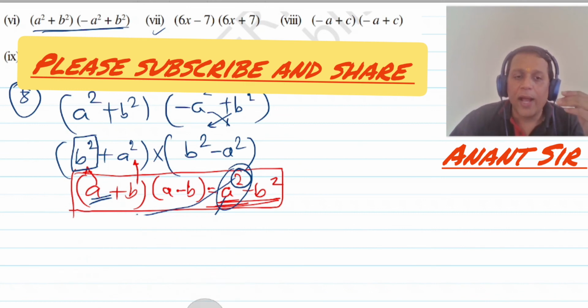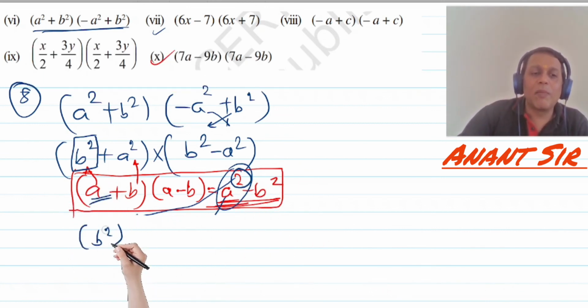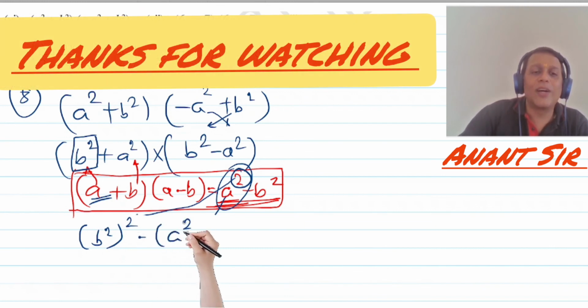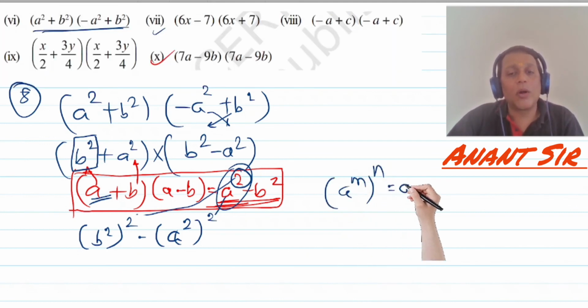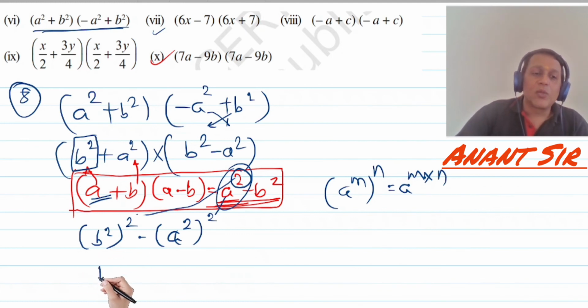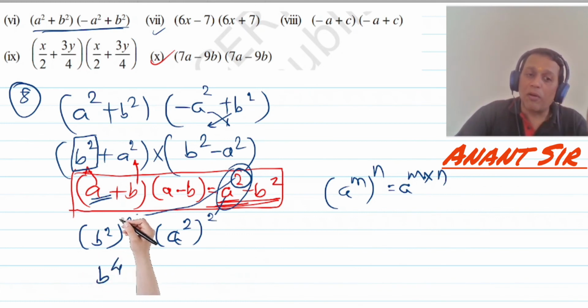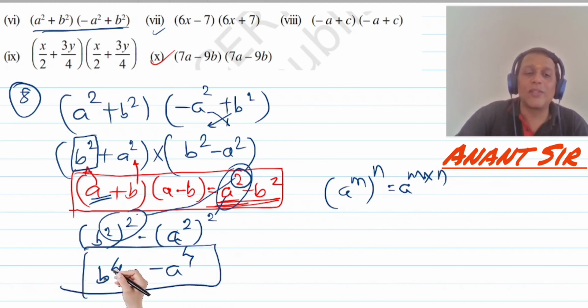Okay, I hope you are getting this, right? So a square minus b square is becoming (b square) square minus (a square) square. That is, when you have two powers to the same number, we multiply the powers. So this becomes b raised to power 4 minus a raised to power 4. This is our final answer.